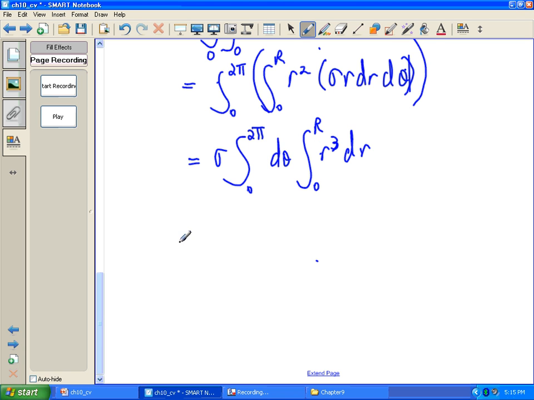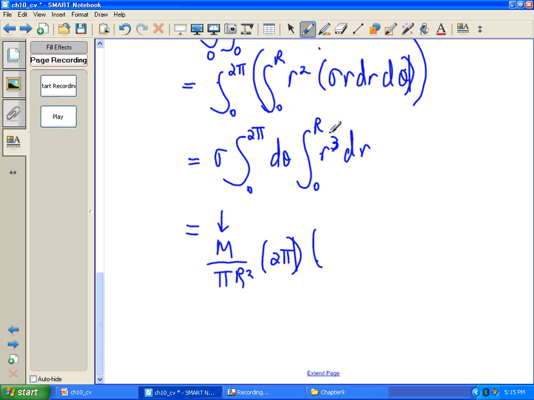So we have sigma is equal to total mass over total area, pi r squared, because now this is sigma, which is mass per area. From the outer integral, we're going to get theta from 0 to 2 pi, giving us 2 pi. From the inner integral, we're going to get r to the 4th over 4.